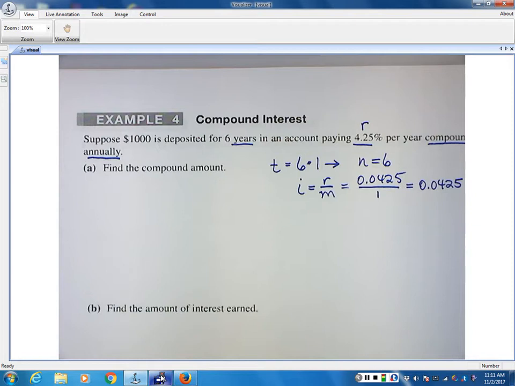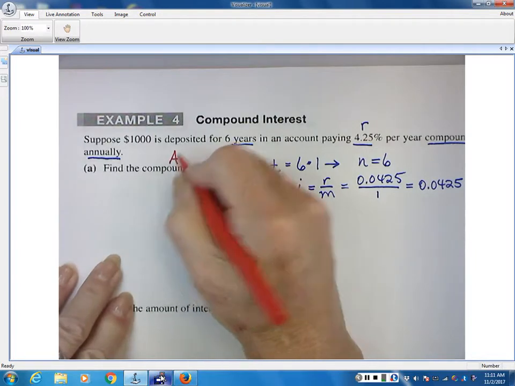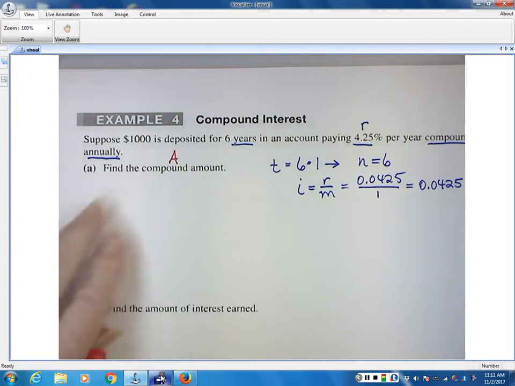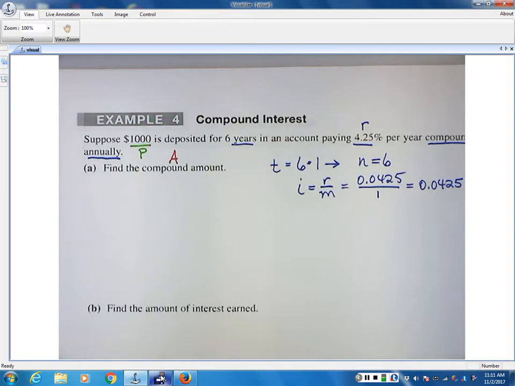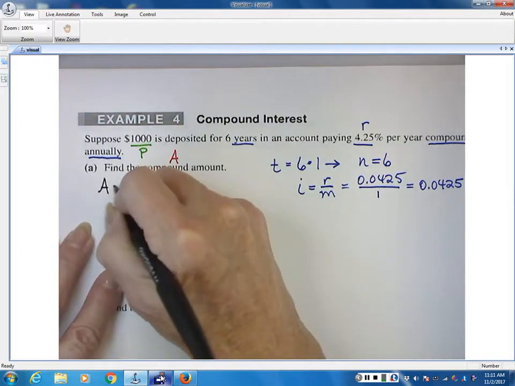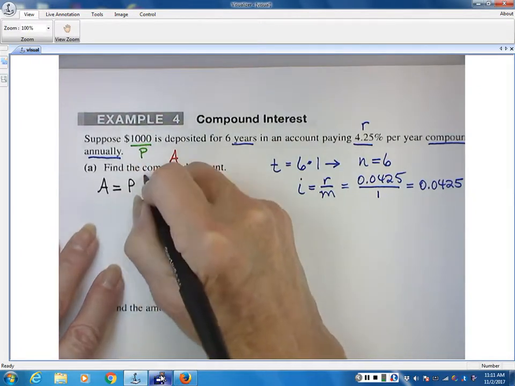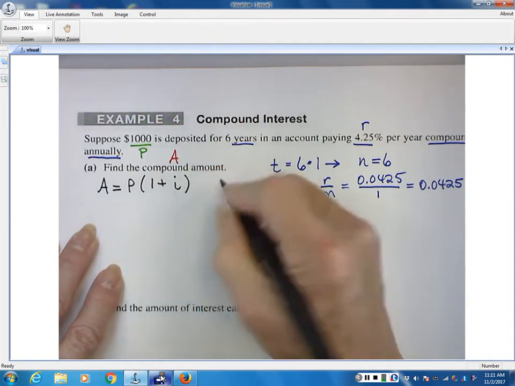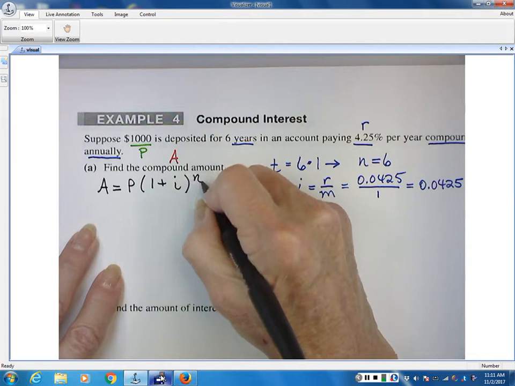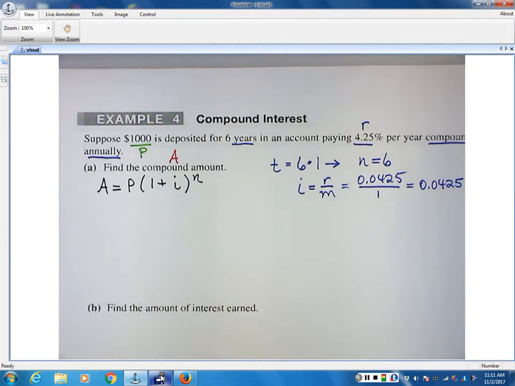So it says find the compound amount. The compound amount is A, the future value. And our present value, P, is $1,000. So I'm going to make a note of what the formula is, and then we're going to fill in everything.